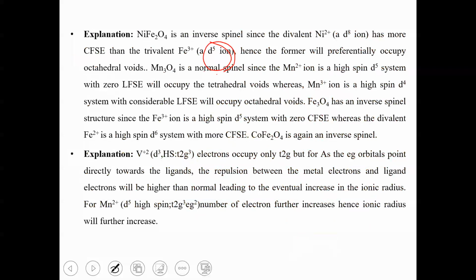So if there is an electron in the eg orbital, that will generate repulsion to the ligand. So in case of manganese +2, the number of electrons is increasing, and the eg orbital has electrons, so that will have a high ionic radius because of this electronic repulsion, right?